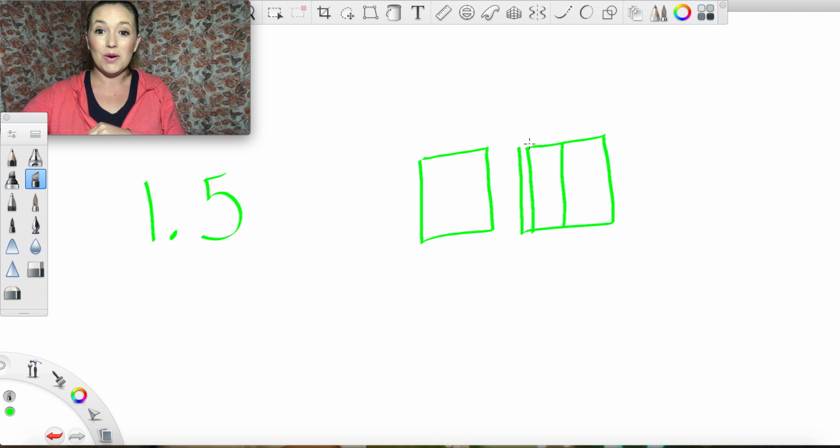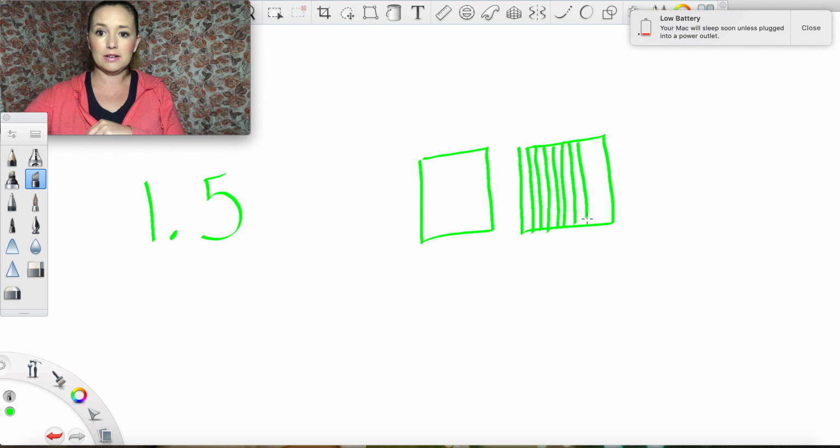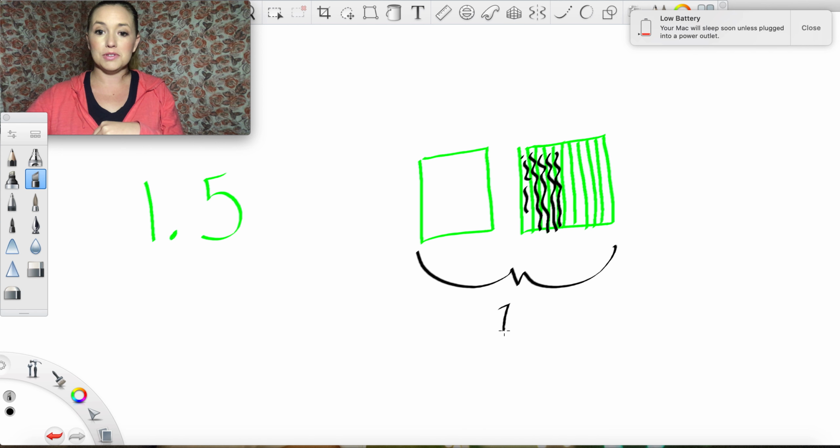It has 5. 1, 2, 3, 4. And I'm not going to get lazy. I'm going to keep going. 1, 2, 3, 4, 5. Okay, I have 5 tenths. And this right here is equal to 1 and 5 tenths.